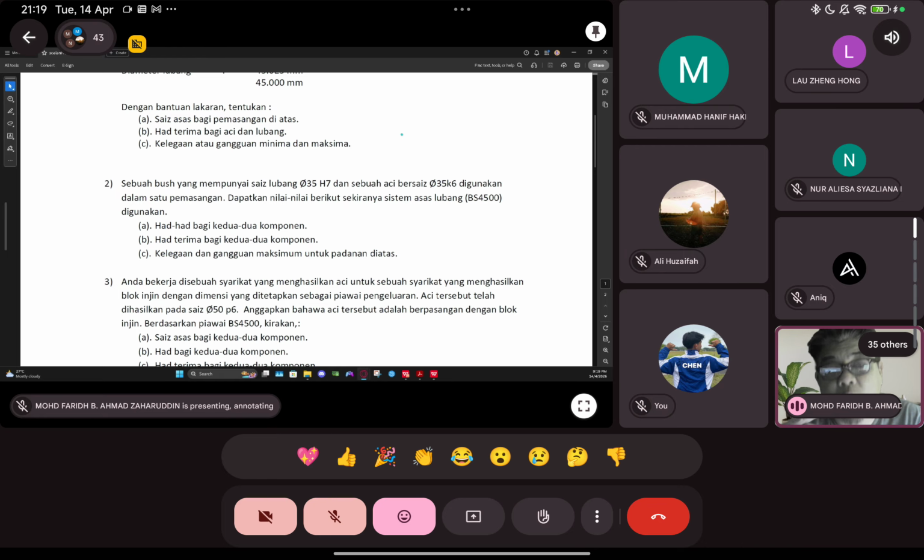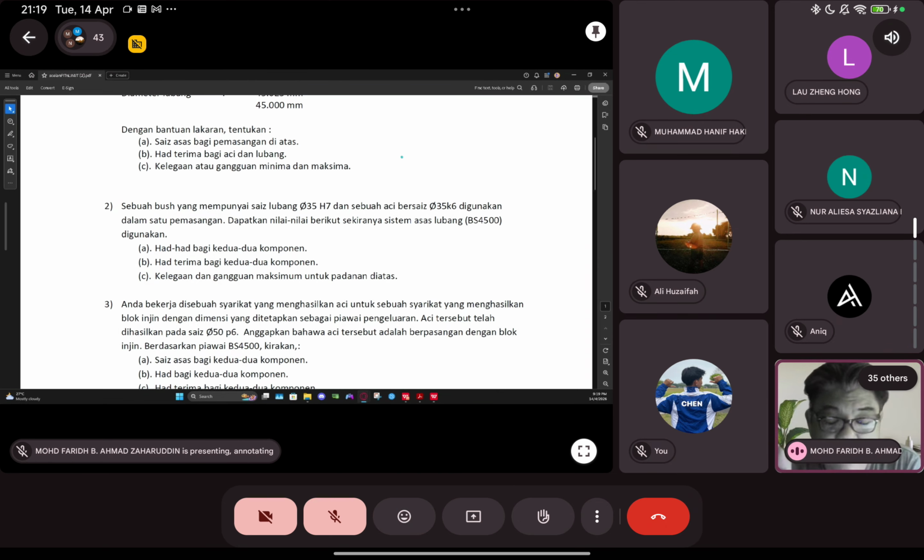It's based on the condition. If it's like this, and like this, there will be different conditions. You need to sketch first, and then you will know which one. Oh, okay. Thank you. So now, please go to the next question, question B.